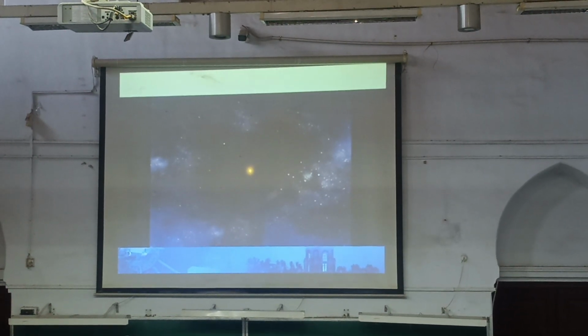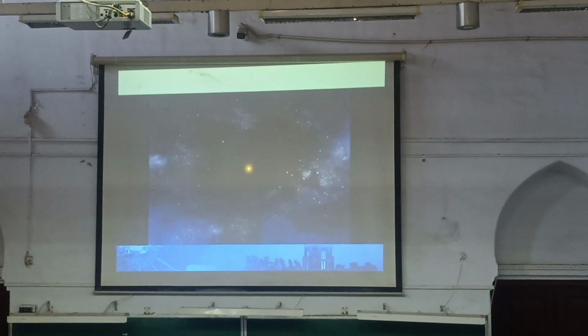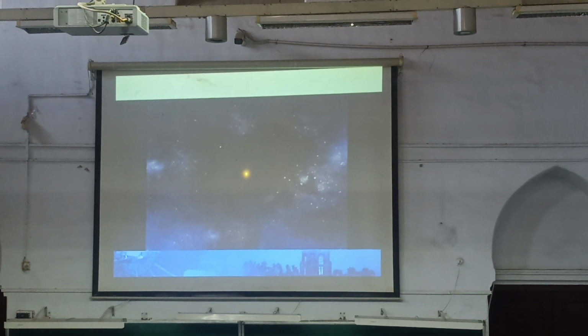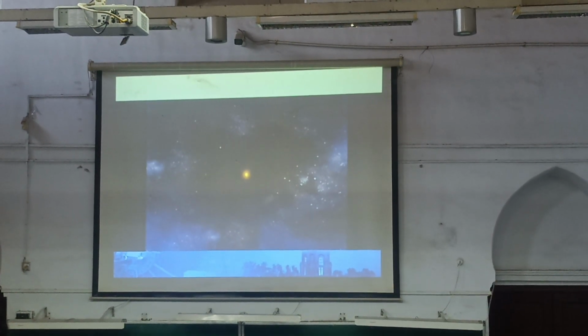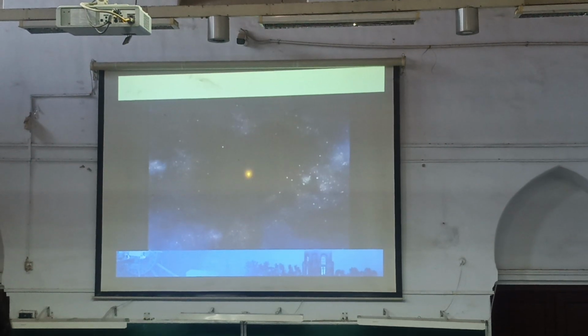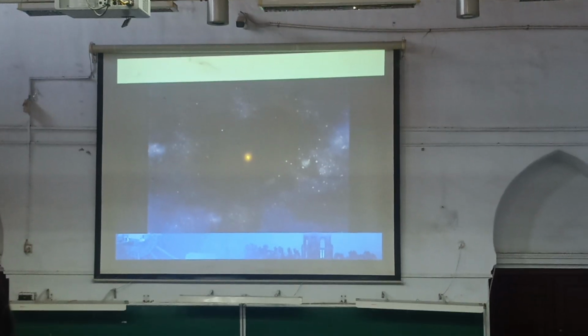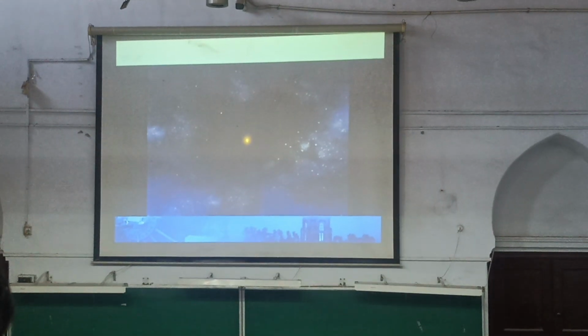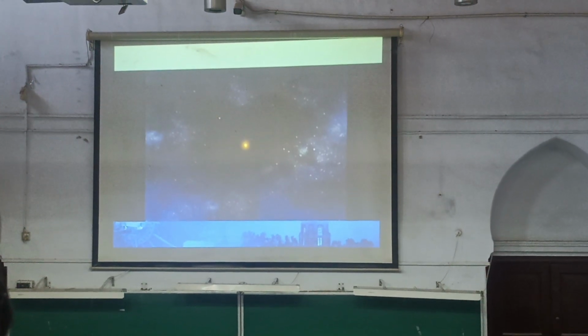Two neutron stars. What's a neutron star? Everybody knows? It's an object which has about 90 to 95% neutrons, and it's a very, very dense object. How dense? Think about 1.4 to 2 solar masses put together in a 10-kilometer radius.